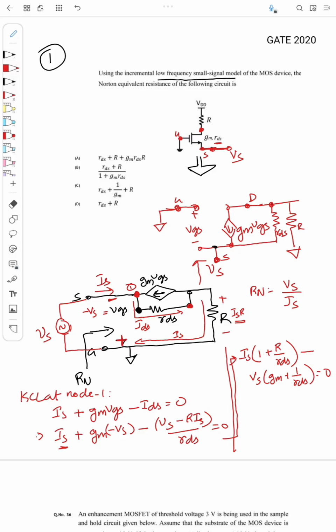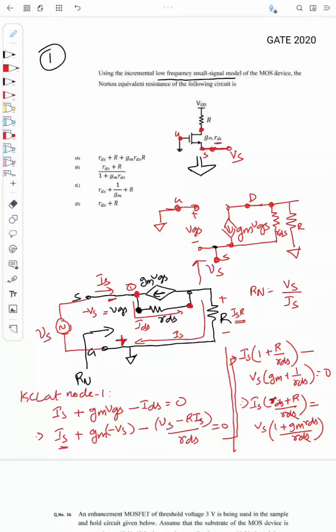So from this itself, what will be Vs? I will bring the Vs term to the RHS. So this will be IS into 1 plus R by RDS, I can find the LCM, or multiply the denominator. So I can write it as RDS plus R by RDS equal to Vs into 1 plus gm RDS, right, by RDS. I can write like this.